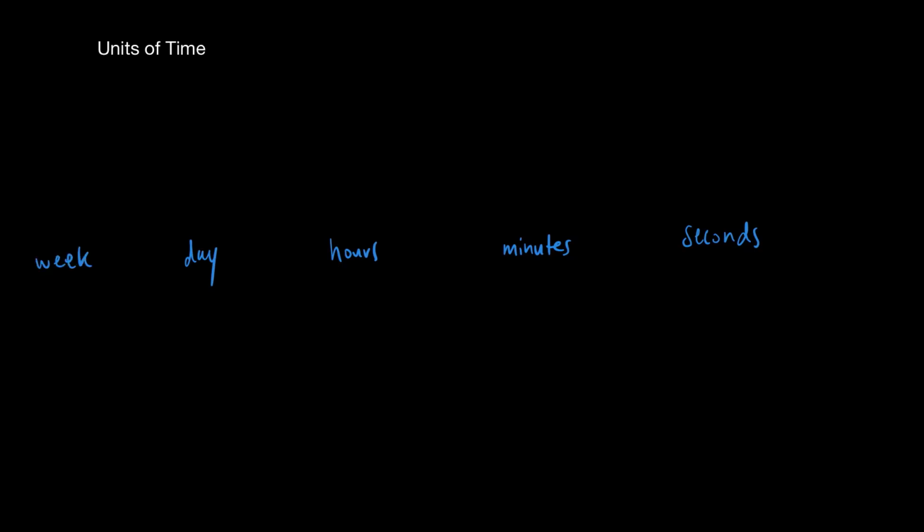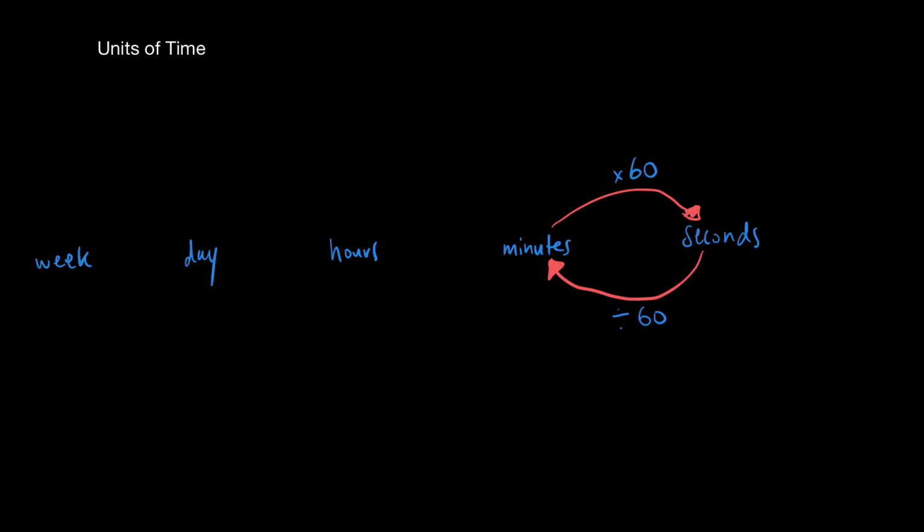And if we look at trying to move between the different times, if we're going from minutes to seconds, what we need to do is multiply by 60, as there are 60 seconds in a minute. If we're going back the opposite way, from seconds to minutes, it's the opposite of multiplying by 60, it's going to be divided by 60.